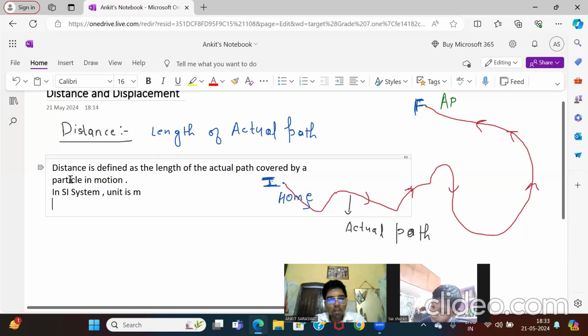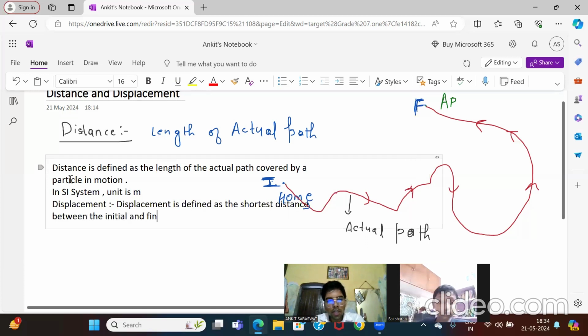Now write down what is displacement. Displacement is defined as the shortest distance between the initial and final positions of a body.